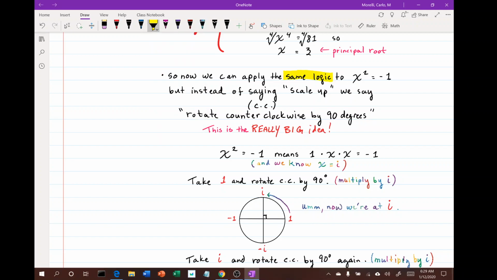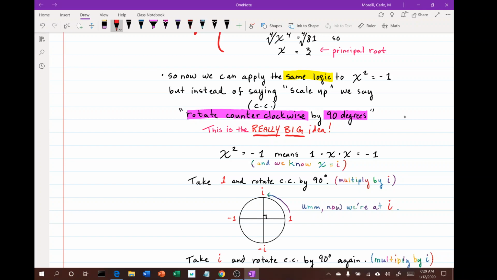All right. x squared equals -1. But instead of saying scale up, we say, this is the point where I want you to listen very closely: rotate counterclockwise by 90 degrees. This is the really big idea, okay? This is the really big idea.